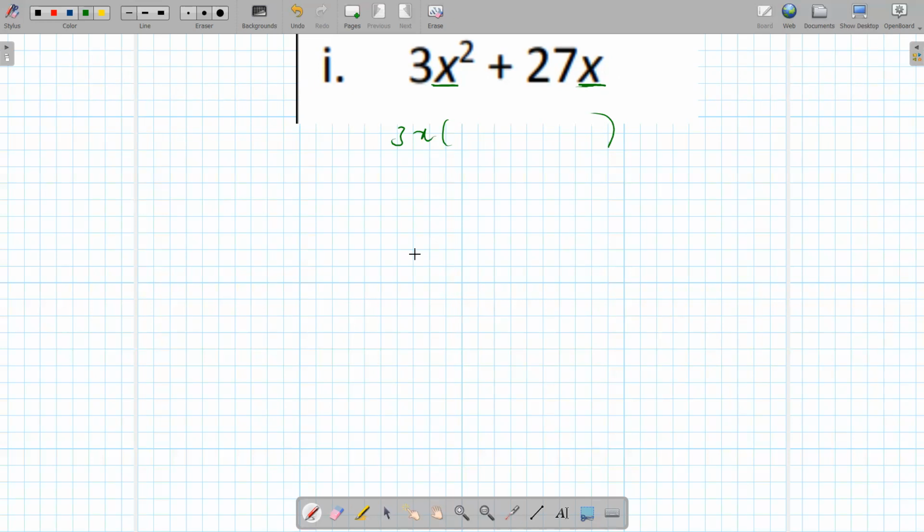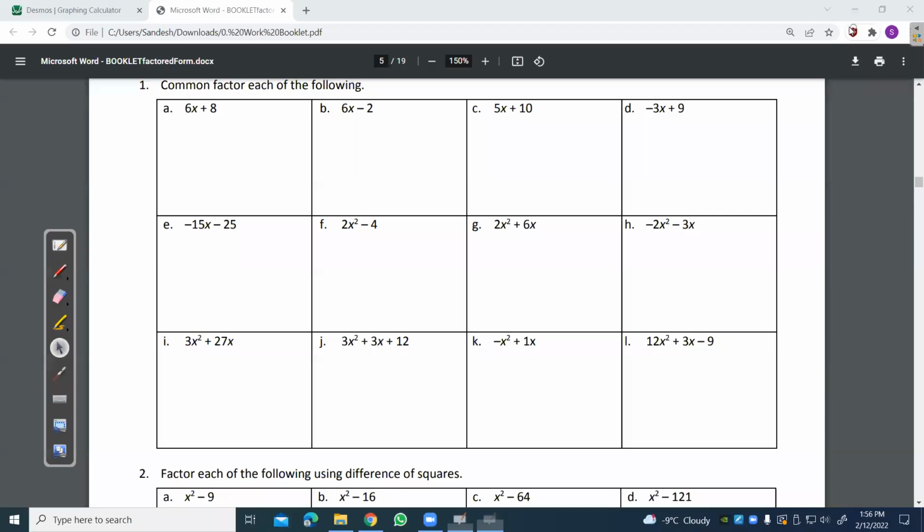X plus 9. Yes, there we go. And you're done. Easy enough, right?